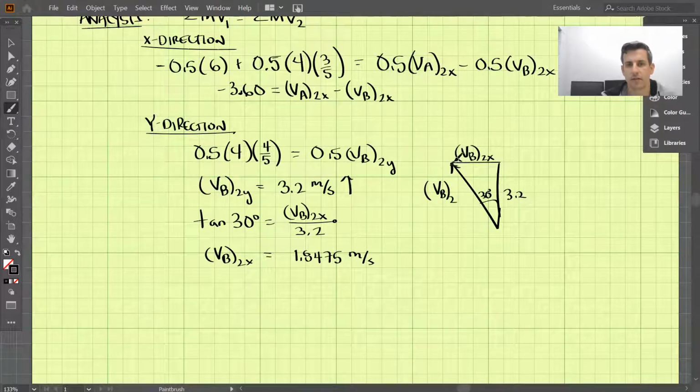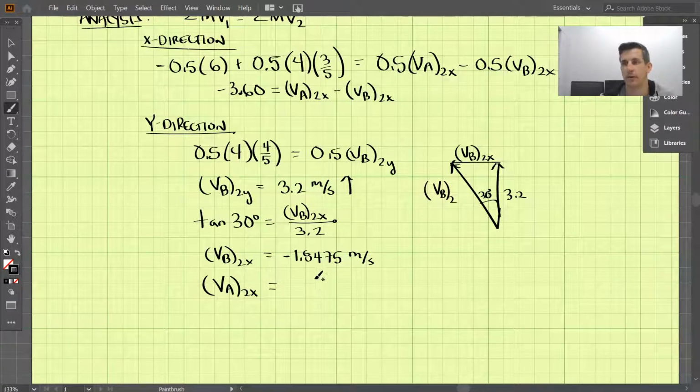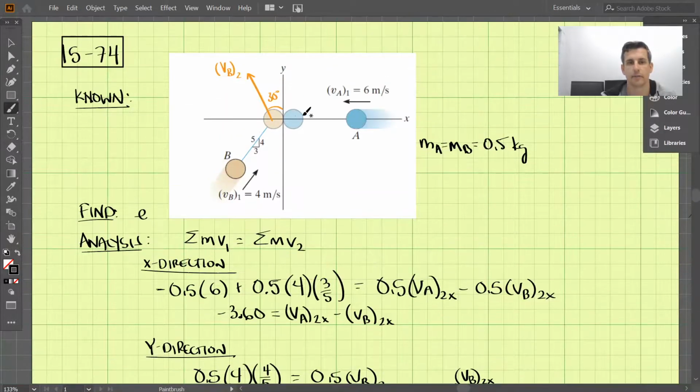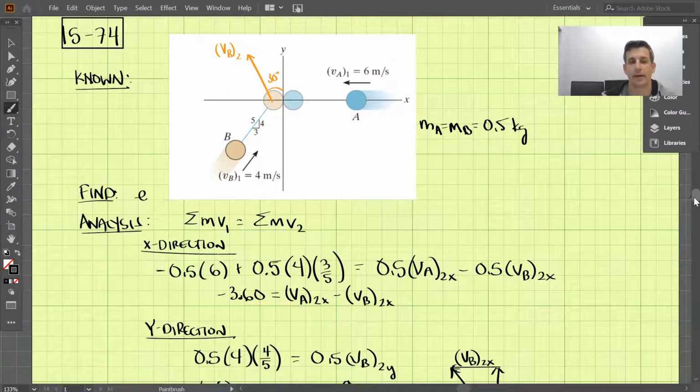Notice that's going to the left, so we put a negative on that to indicate the negative x direction. Plugging this back into the equation, VA2x comes out to be negative 1.752 meters per second. So this negative represents that after the impact, A actually moves in the negative x direction.